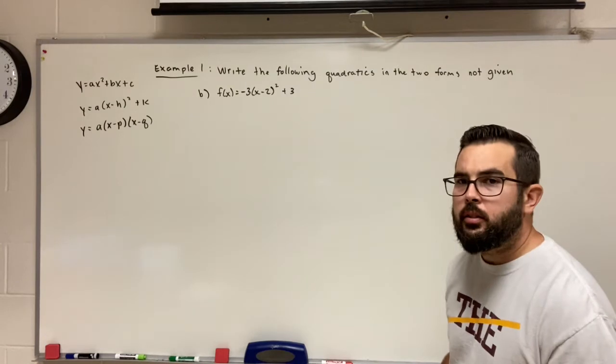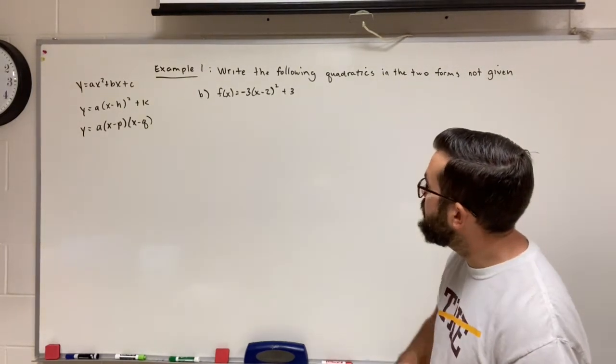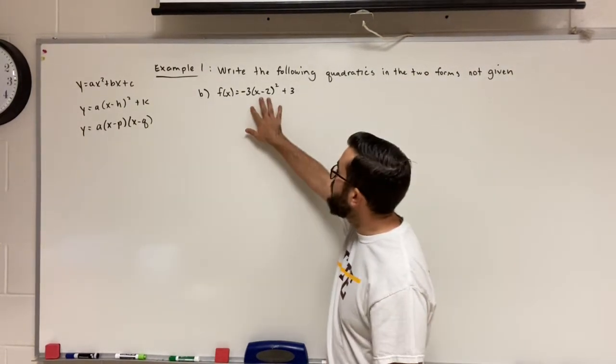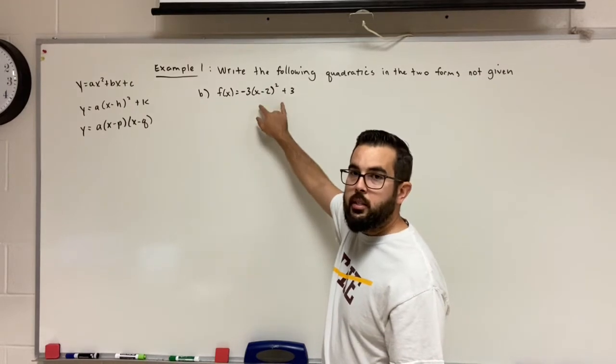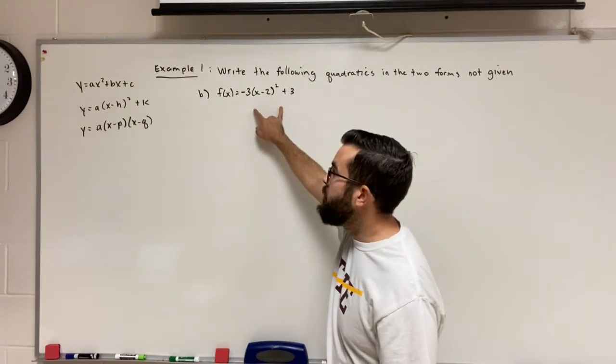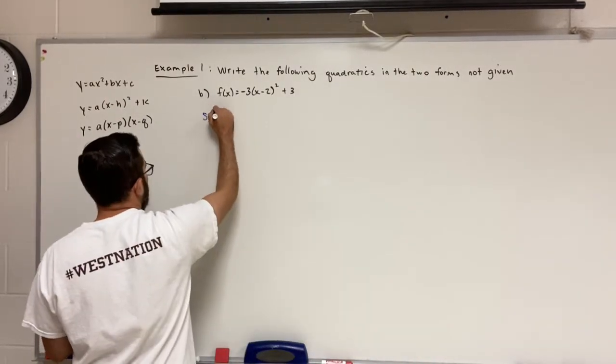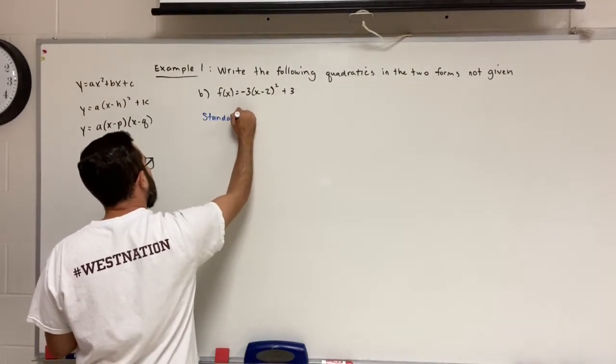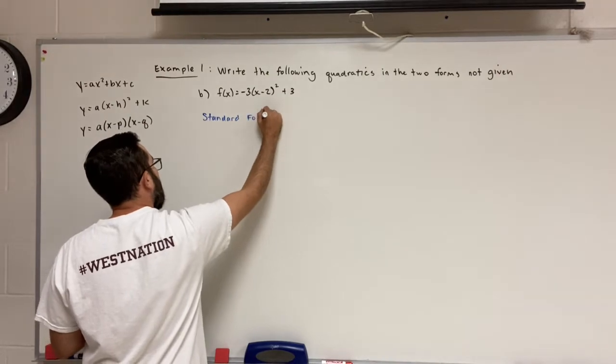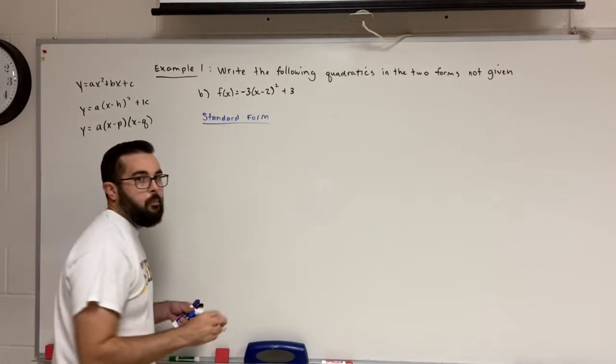All right, so second problem, same set of directions, just a new equation. Notice this equation is in vertex form. So I'm going to need to change to standard form and also factored form.